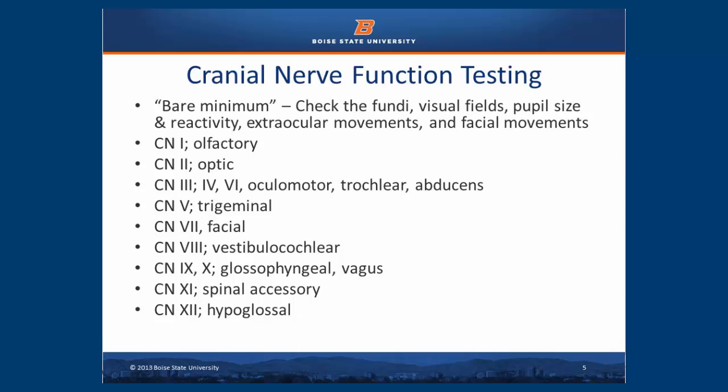For cranial nerve 2, the optic nerve function is assessed via visual acuity testing, visual field testing, and fundoscopic examination. For cranial nerves 3, 4, and 6, extraocular movements and pupil size, shape, and reaction to light and accommodation are assessed.